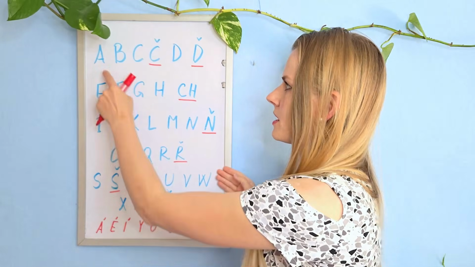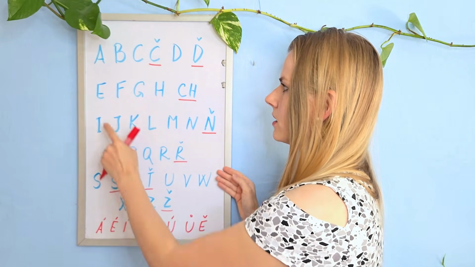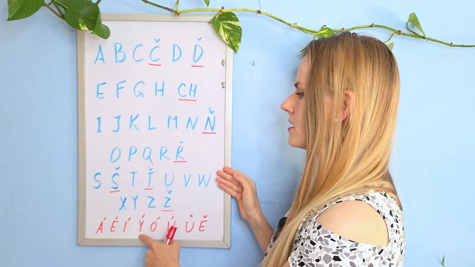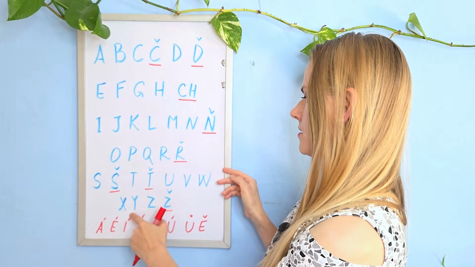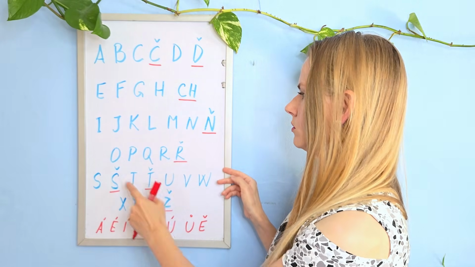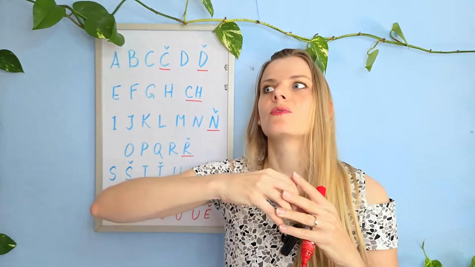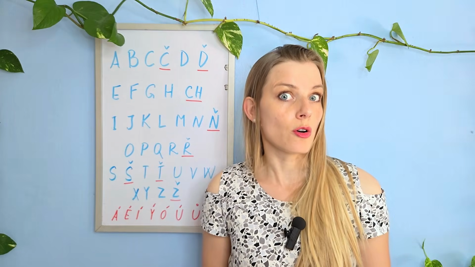A versus Á, E, É, I, Í, O, Ó, U, Ú. I exaggerate it. When we speak quickly, it's not really that long, but you can notice it when you listen to songs, for example.